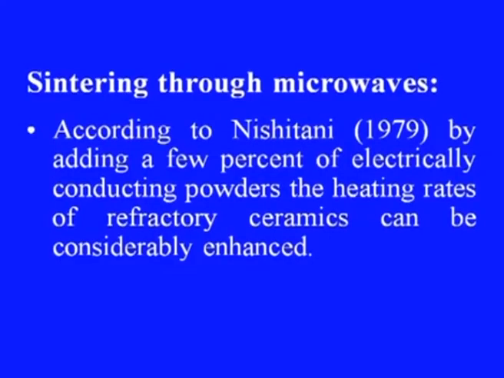Thereafter several researchers continued work on sintering using microwaves. Another scientist called Nishitani, in the year 1979, found that by adding a few percent of electrically conducting powders, the heating rates of refractory ceramics can be considerably enhanced.